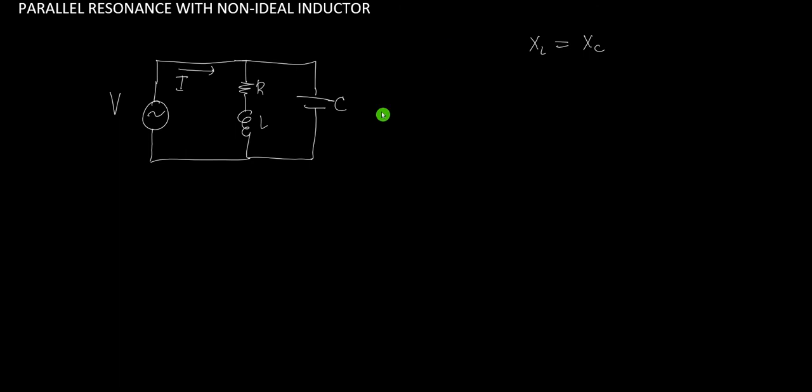If you want to solve for the reactive power at C, you know the voltage here, that will be just equal to V squared over X_C. While for the reactive power on the L, even if X_L is equal to X_C, the voltage across L will not be the same as the voltage across the C. So therefore their Qs, even if X_L and X_C are the same, will not be the same.